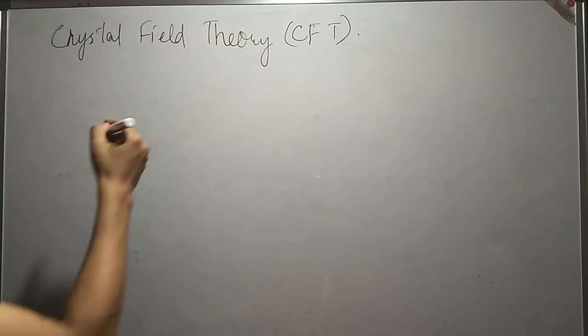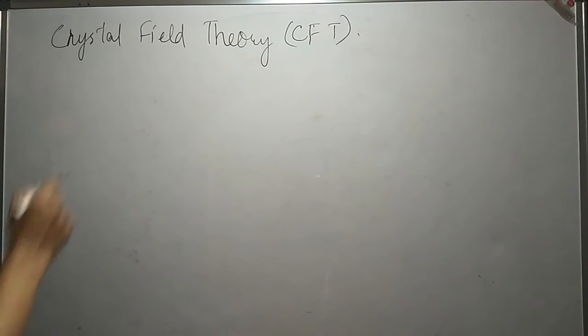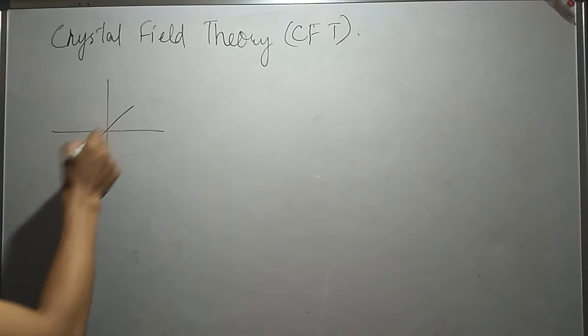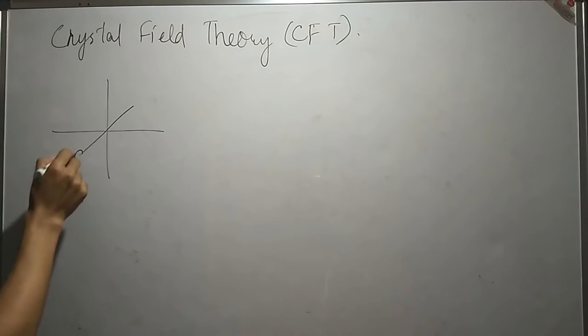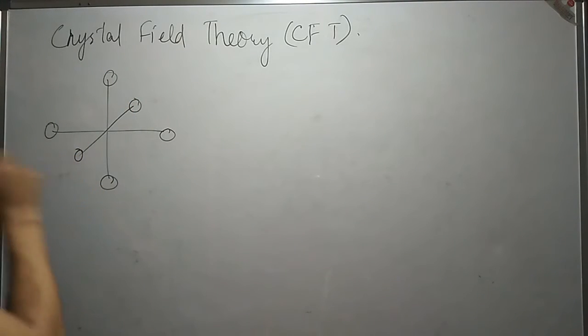Now in case of octahedral complex, there are 6 ligands. All these 6 ligands are present at the corners of all the 3 axes.